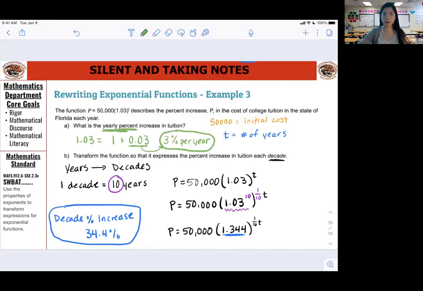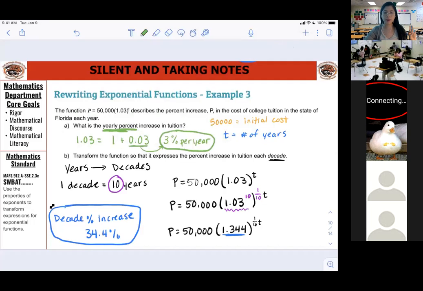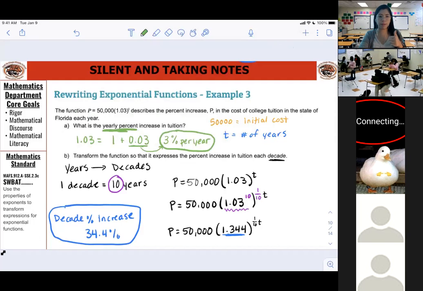Okay, I want to pause where we are to just do a quick little pulse check because I know that this is kind of confusing, kind of difficult for a lot of people. So with the react buttons, give me either a thumbs up, or if you feel a different way, give me a different emoji.